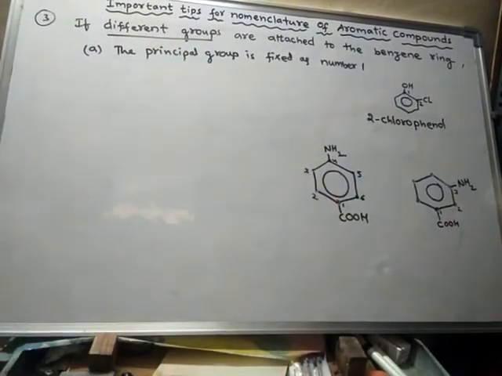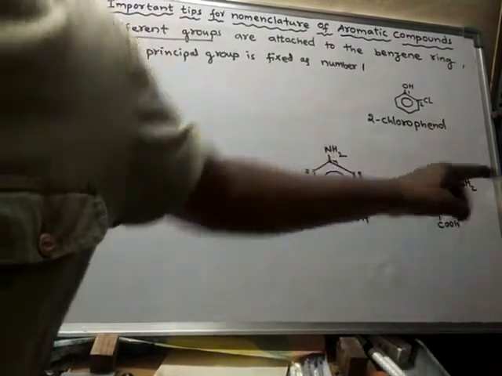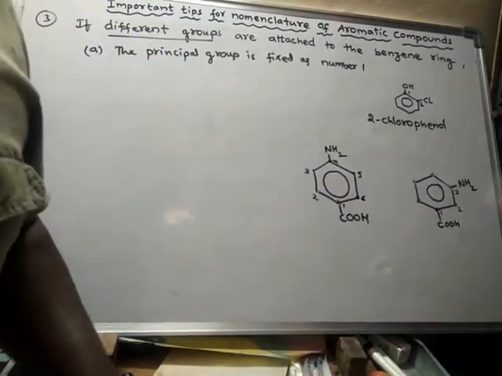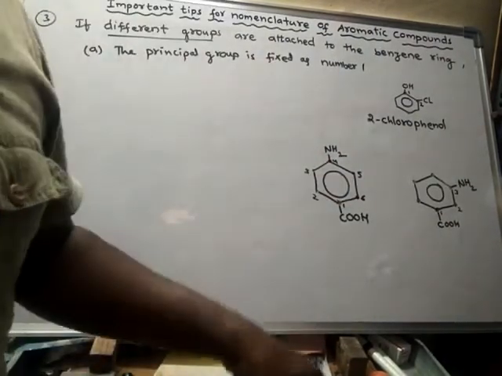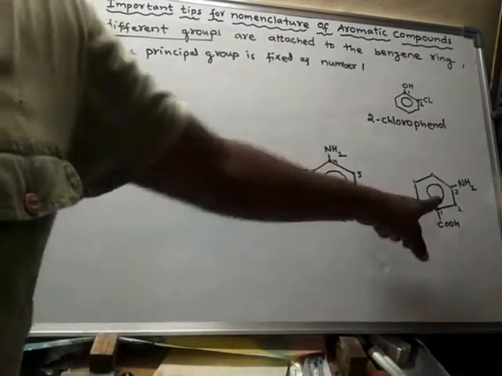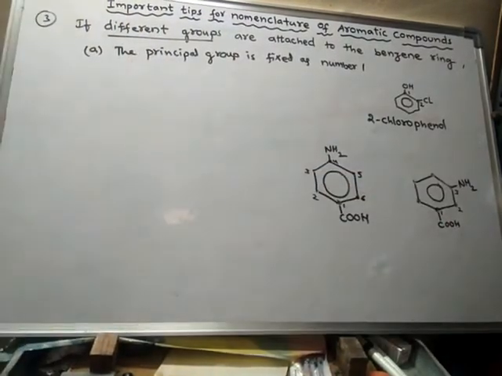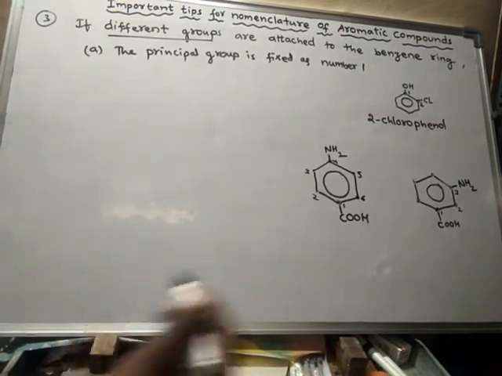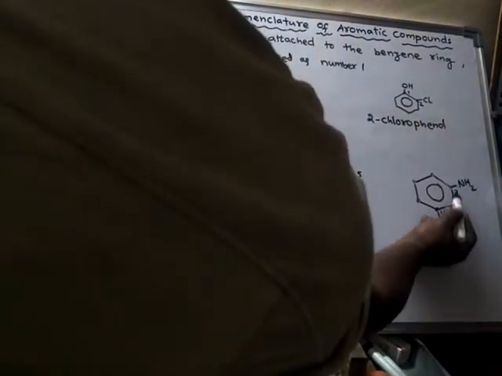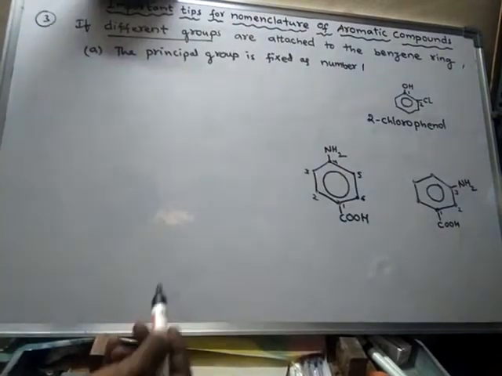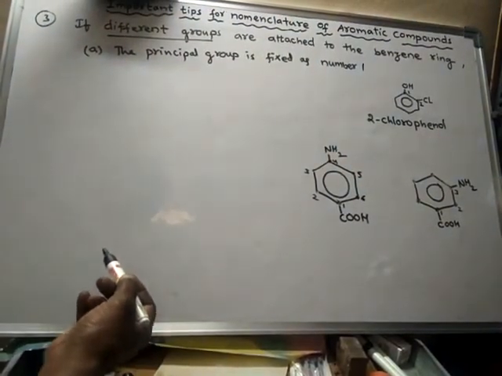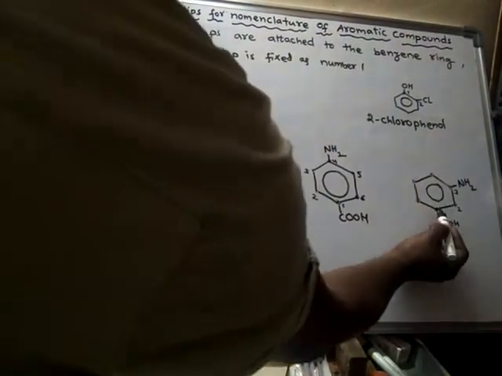Then this substituent will get the least possible number. Remember that the other substituent should get the lowest possible number, so in such a way we have to give numbering. In this case, giving numbering in the anti-clockwise direction is correct.